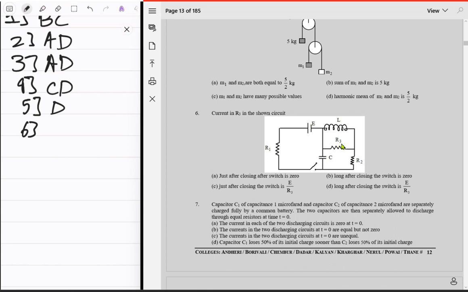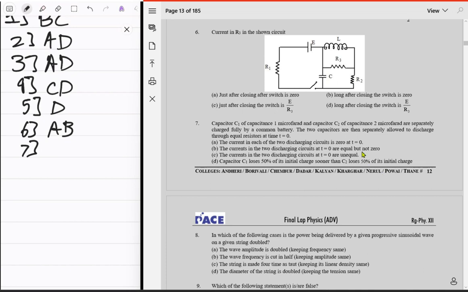Okay, wait, what was it? This is causing confusion. The inductor is carrying all the current in that case, right? That's like a wire. And no current is passing through here because, just after closing the switch, it is zero, and long after closing the switch, the inductor is carrying all the current because this is not carrying any current. The voltages became the same. Once again no current through it, so still it's zero. So A is correct and B is correct.